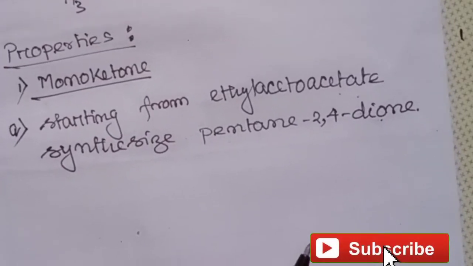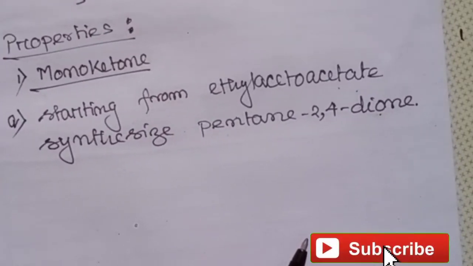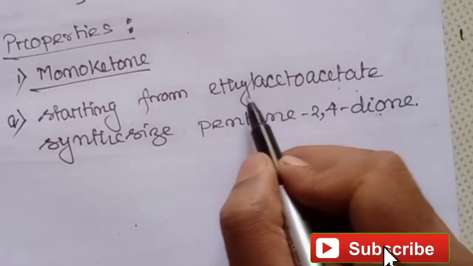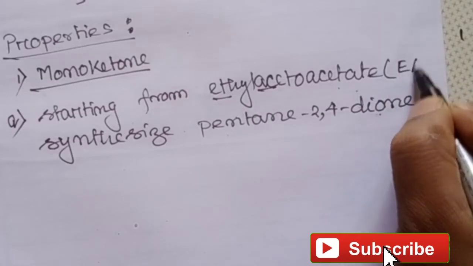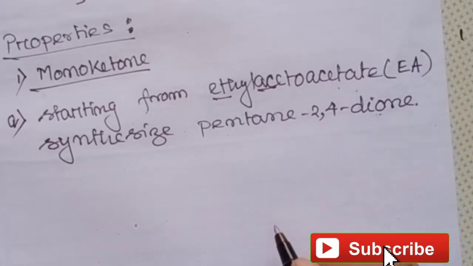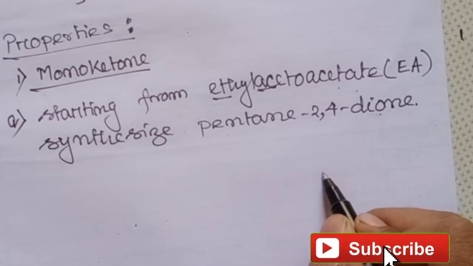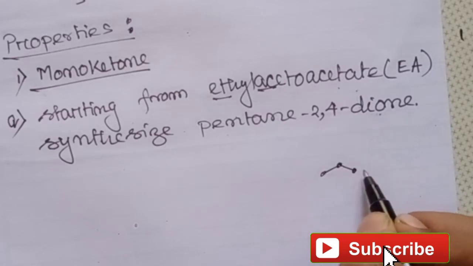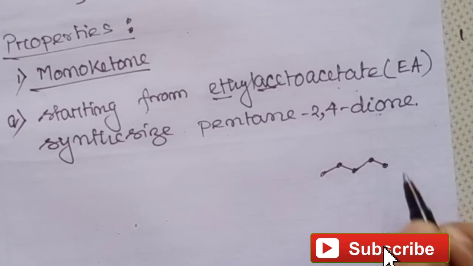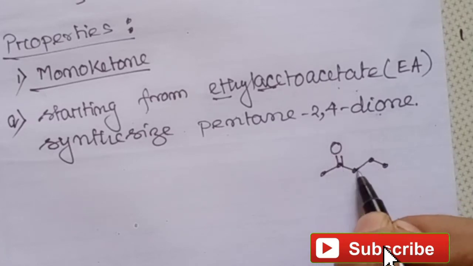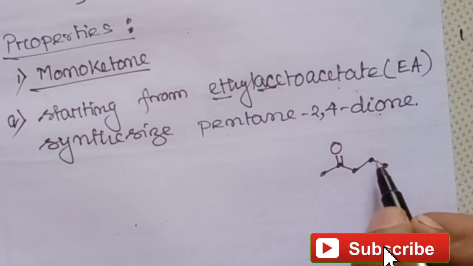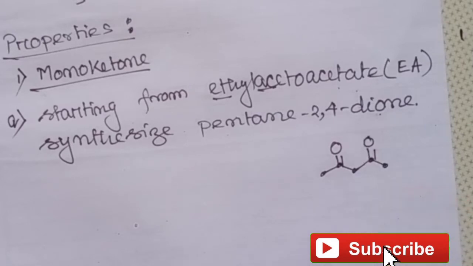You are being asked to prepare pentane-2,4-dione from ethyl acetoacetate, denoted as EA. Pentane-2,4-dione: 1, 2, 3, 4, 5. You have been asked to prepare this sort of compound.